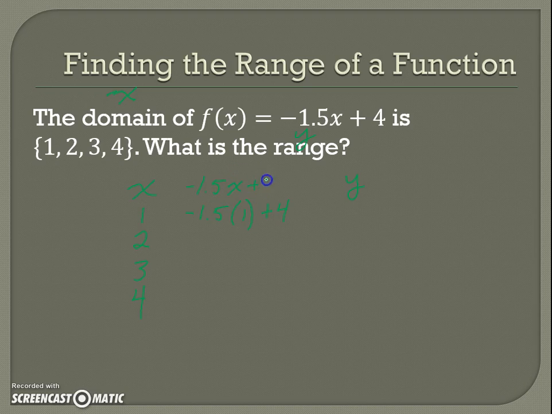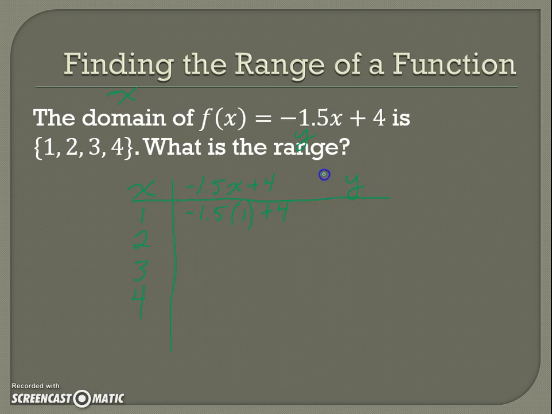We create this table to write out the different y values just so that our answer is organized. It's not an absolute necessity, but I think it certainly looks better.